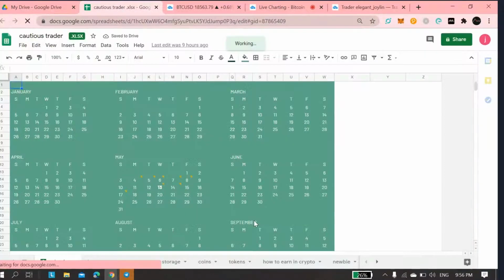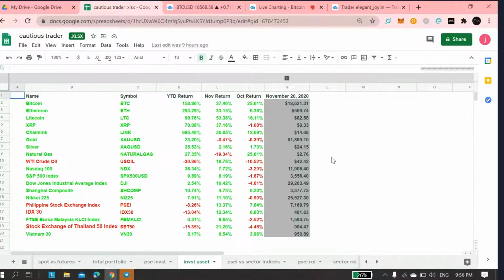Anyway, let me just update you regarding the different investment asset performance as of November 20. I think that was last Friday. As of November 20, you can see that the highest return is cryptocurrencies. The highest is Link, followed by Ethereum and then Bitcoin.